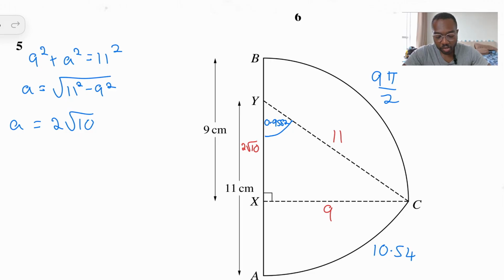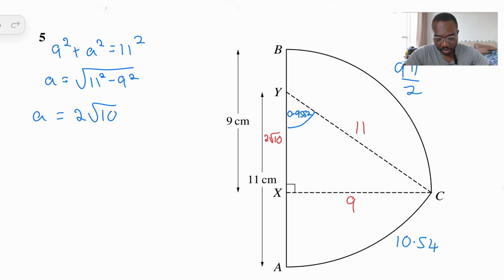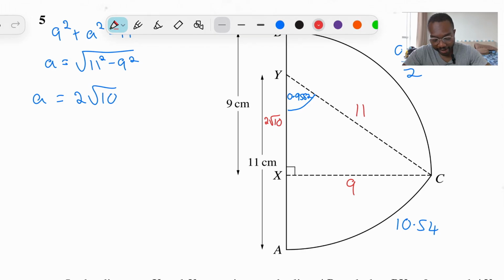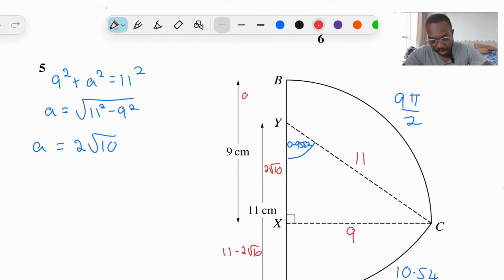And now if we add the 9 plus 11, we get 20. So it would just be the 20, and then we can minus 2 root 10, and that should give us our answer. But if you didn't know that, you could also write all your different measurements. You could work out AX, which would be 11 minus 2 root 10, and then YB would be 9 minus 2 root 10, and then work out the sum of all of that, which will again give you 20 minus 2 root 10.